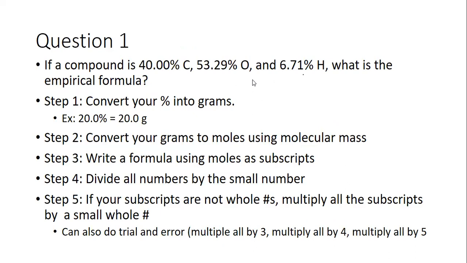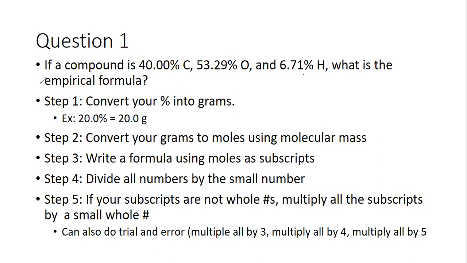Okay, so if I have a compound that's 40% carbon, 53.29% oxygen, and 6.71% hydrogen, what's the empirical formula? I actually have the steps here, so we can do this together because we're about out of time.